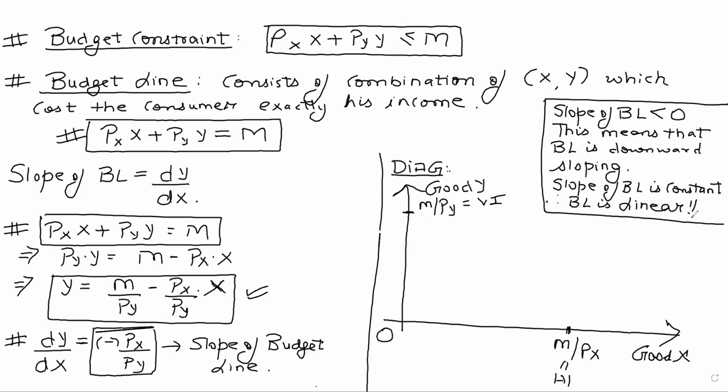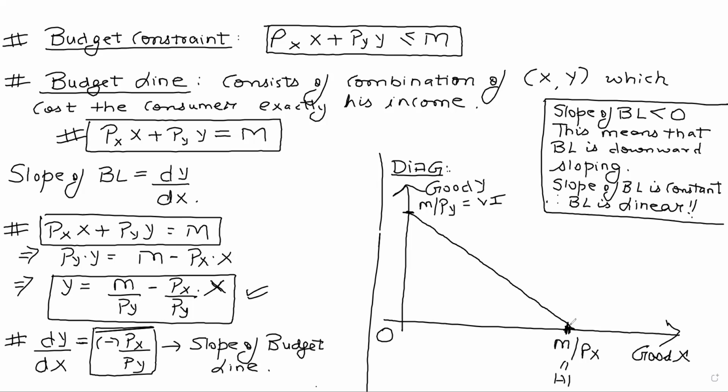All students should know from high school mathematics and basic calculus, when the slope is constant, it means that line is linear. So two things we learned. Slope of the budget line is constant and budget line is downward sloping. Now, if I combine these two and join my horizontal intercept and vertical intercept, I get my budget line. So you can see I have drawn a straight downward sloping budget line.